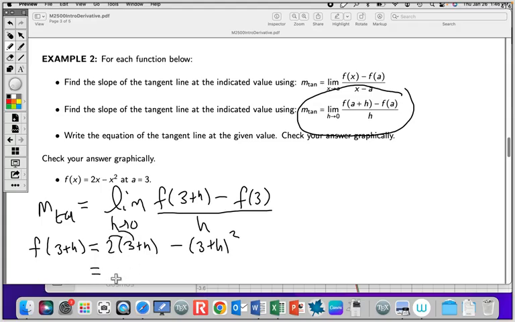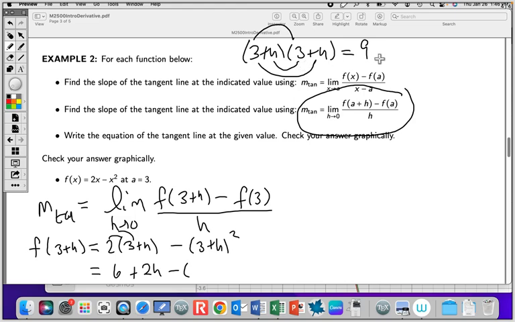So that would be 2 times 3 is 6 plus 2h minus, and remember, when in doubt, FOIL it out. 3 plus h times 3 plus h, you got your 3 times your 3. You got 3h, 3h, so 6h altogether, plus h squared.